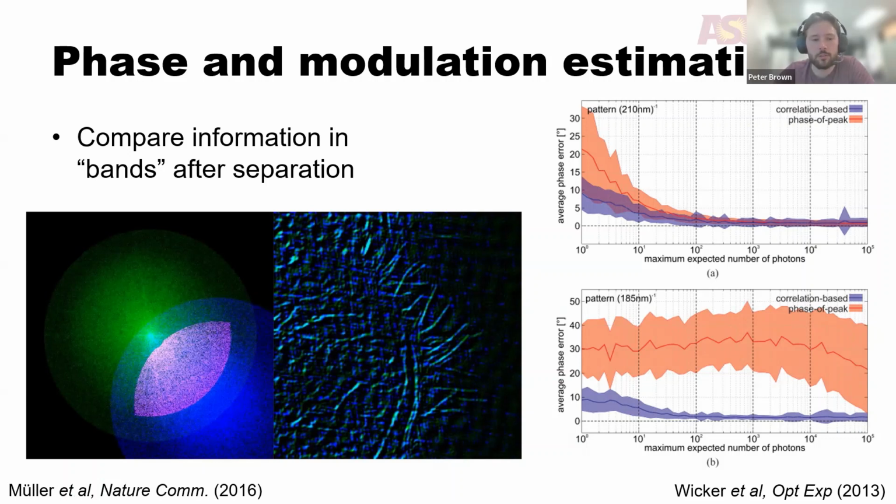Since the bands have an overlap region, they will exhibit a strong correlation when the phase unmixing angles are correct. So you can then write this as an optimization problem. And what you find is this approach works very well, even at low photon numbers, so very noisy signals.